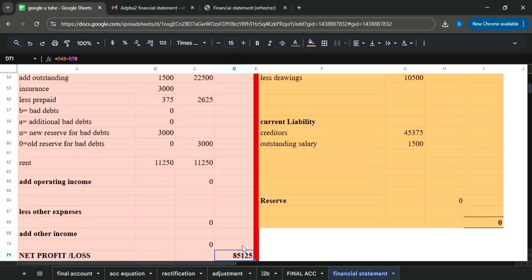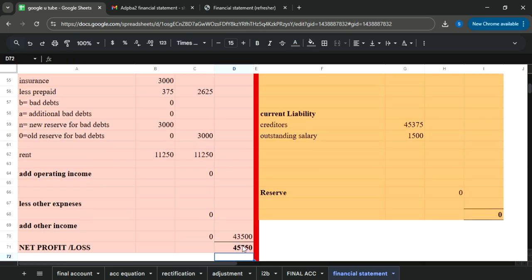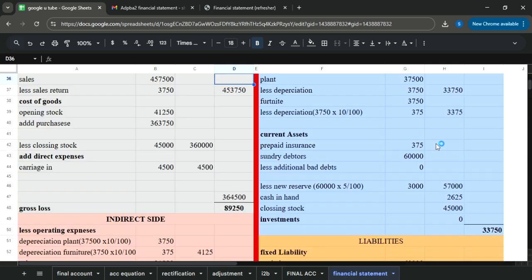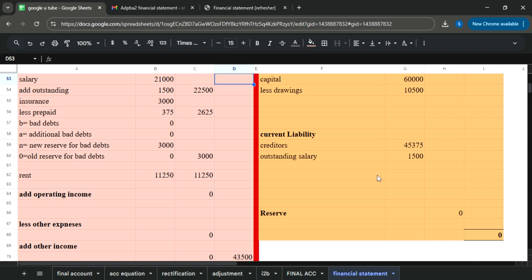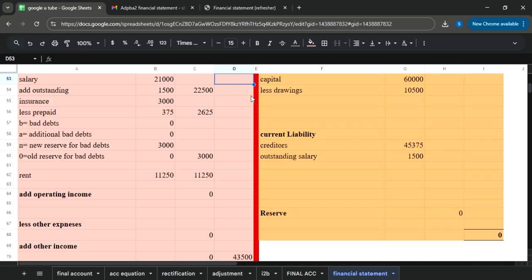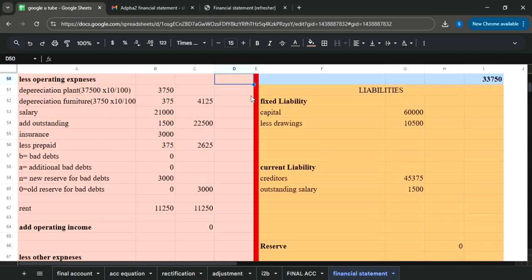In this way you have got total. This is total of all operating cost, and here you can see 45750, and we have got our answer 45750. In this way left part has been completed.